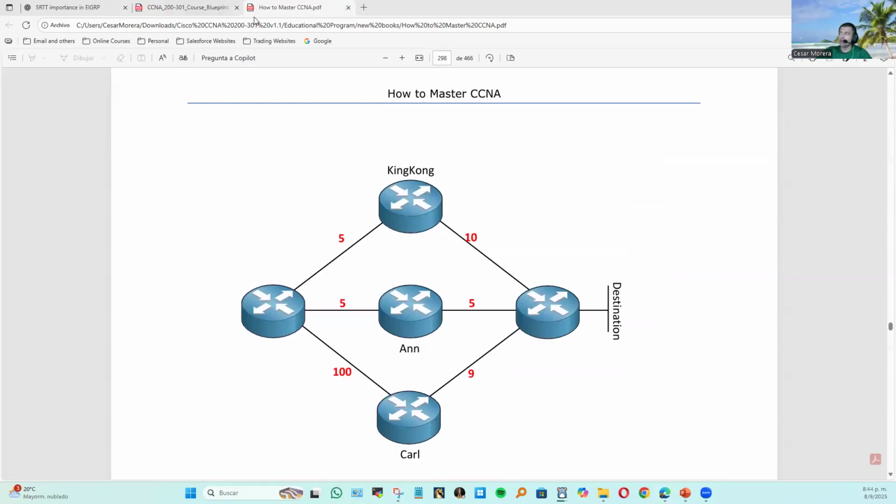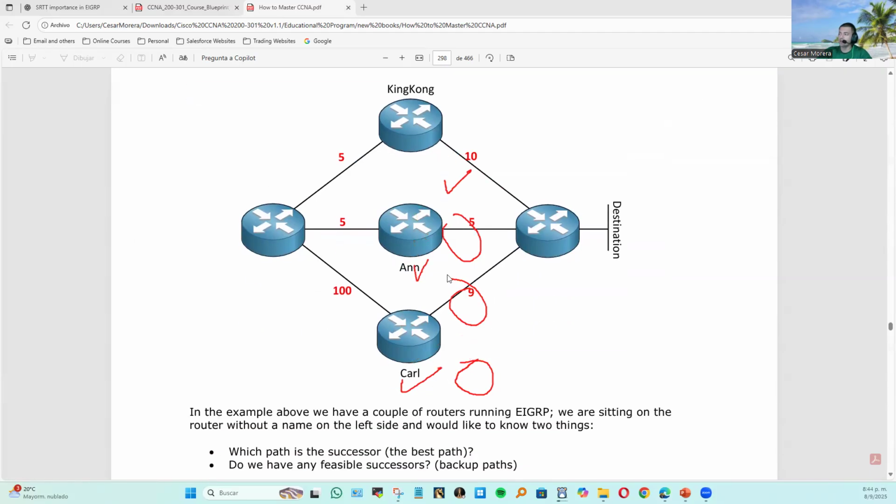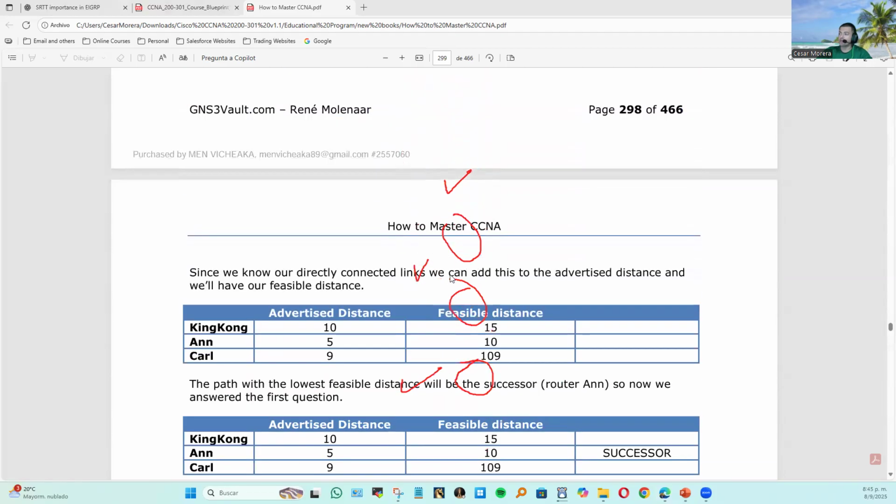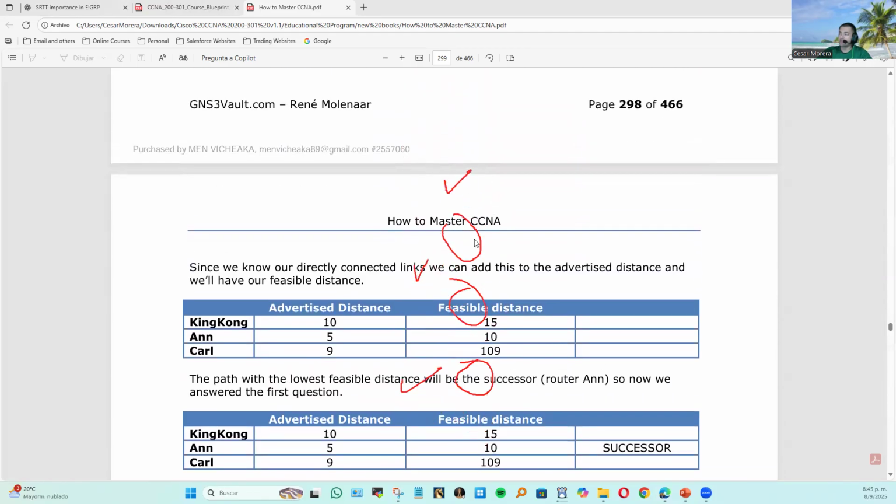So let me just highlight those. That is the advertised distance. Now, let's continue and see what the feasible distance is.